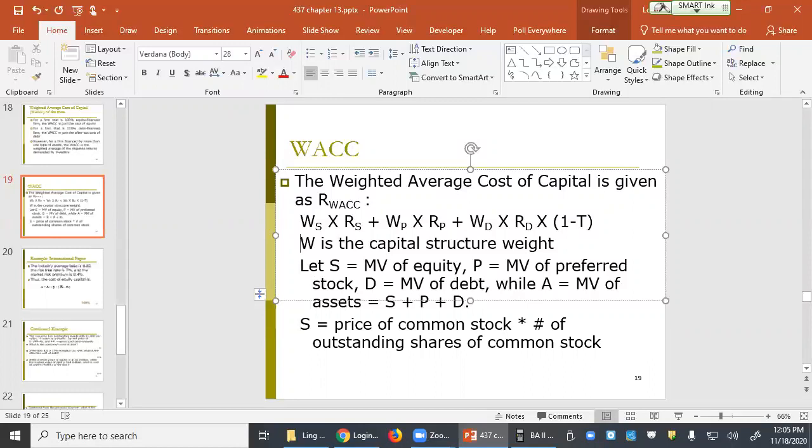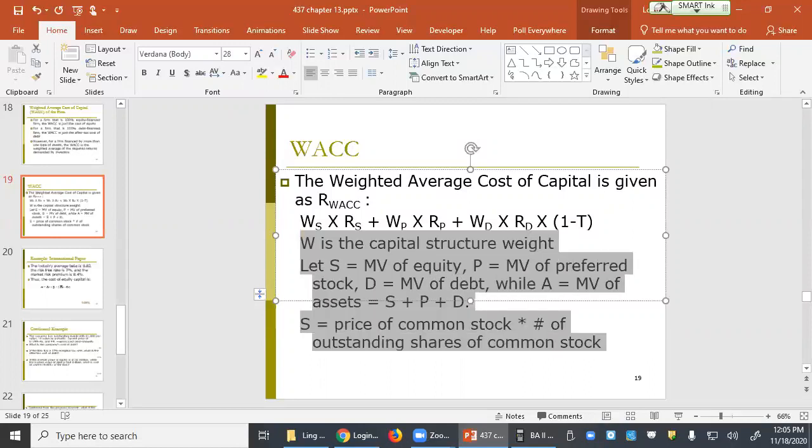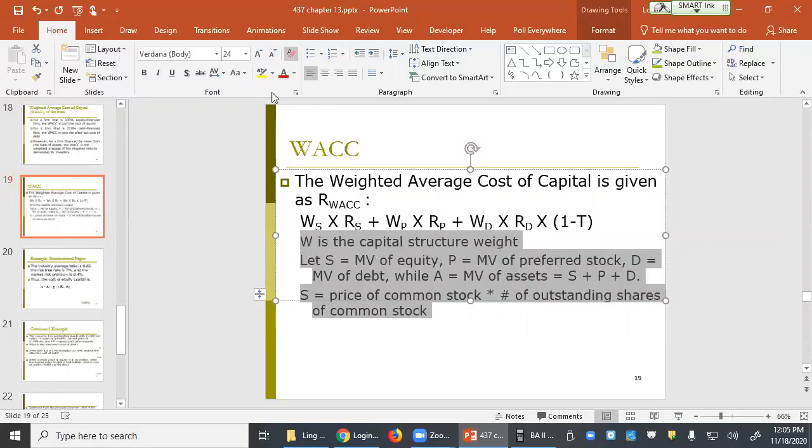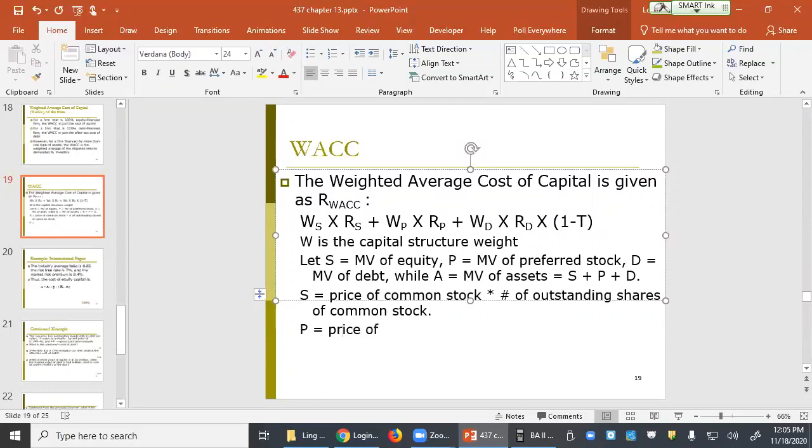Price of common stock, that's the price per share of common stock multiplied by the number of outstanding shares of common stock. And using the same line of logic, P, the market value of preferred stock, will be the price of preferred stock per share, multiplied by the number of outstanding shares of preferred stock.